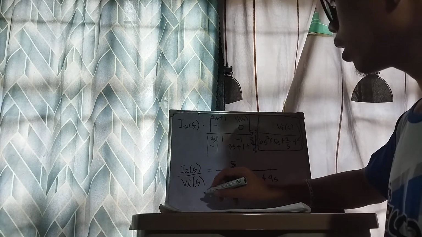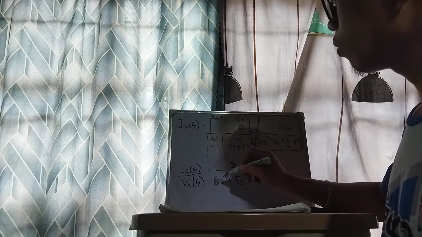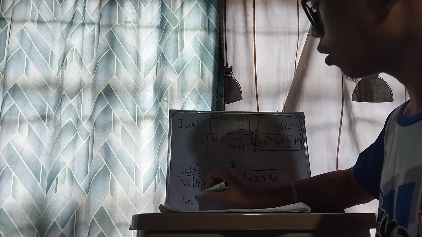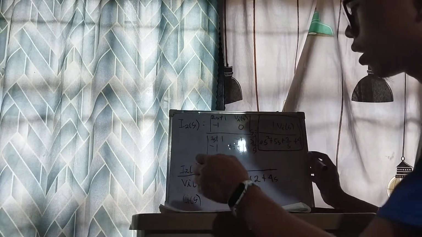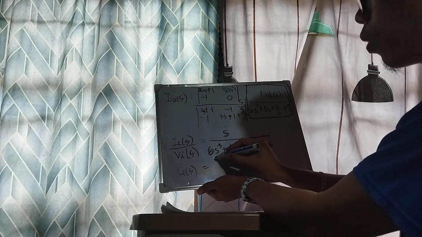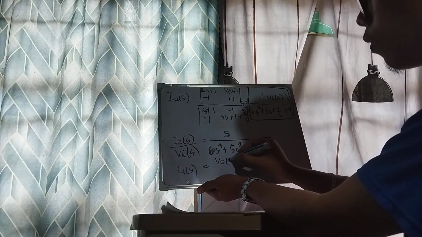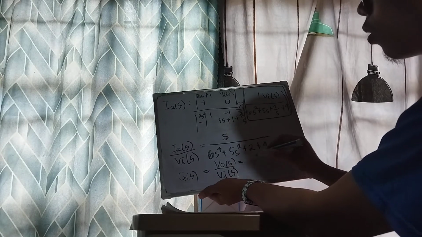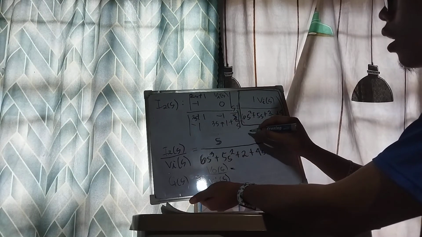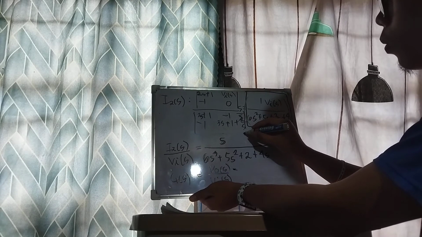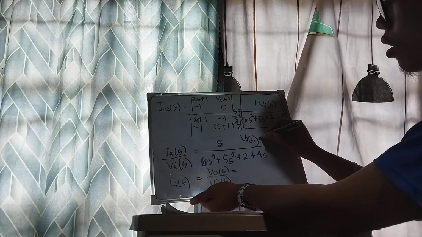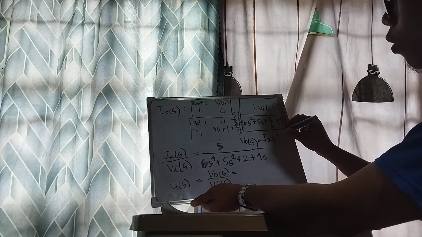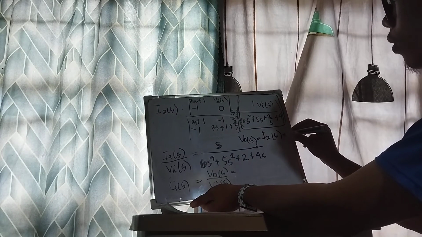Now we can solve for G of S, which is equal to VO of S over VI of S. Take note that a while ago we know that VO of S is equal to I2 of S times 3S.